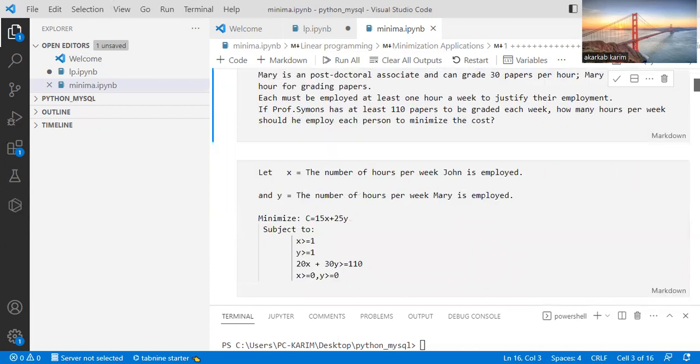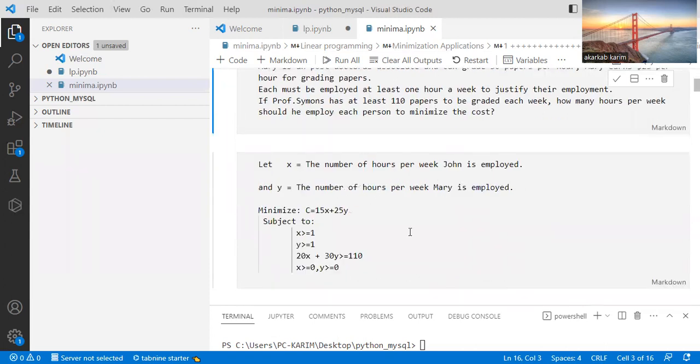Well, I try to summarize the problem like that. Here, the problem is minimizing the cost of grading papers. I consider x as the variable for the number of hours per week John is employed, and y the number of hours per week Mary is employed.